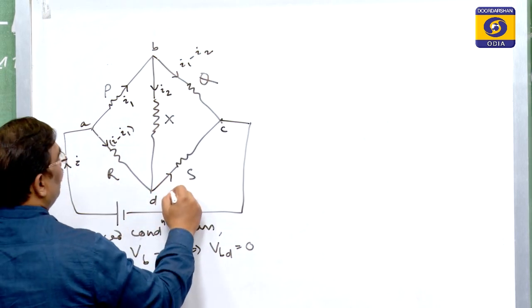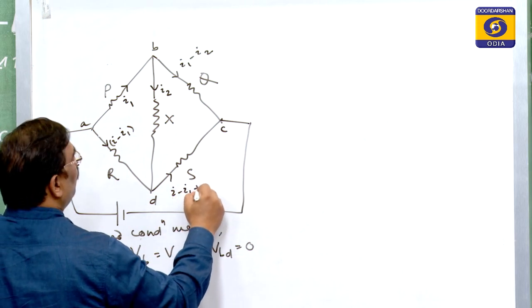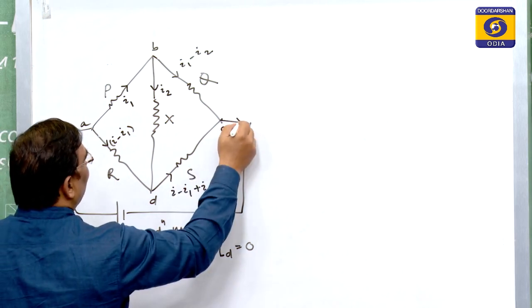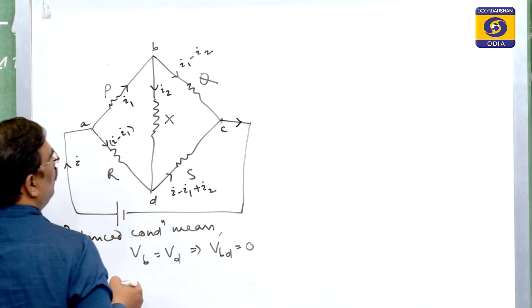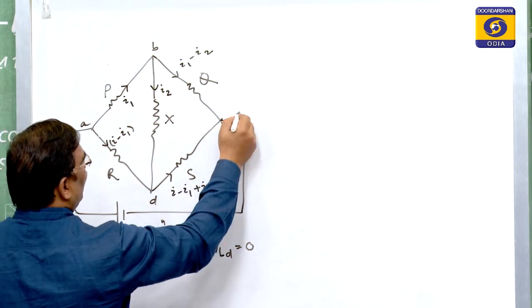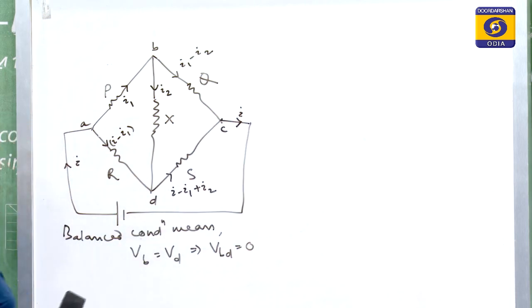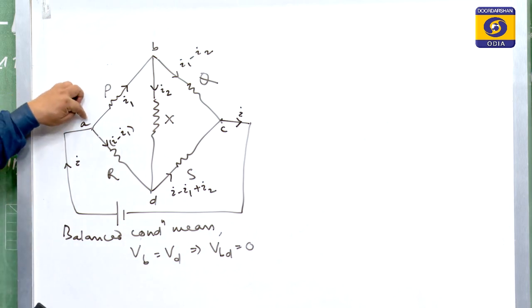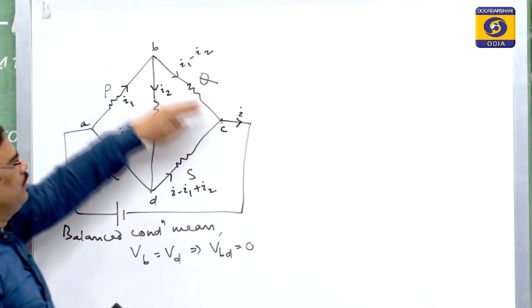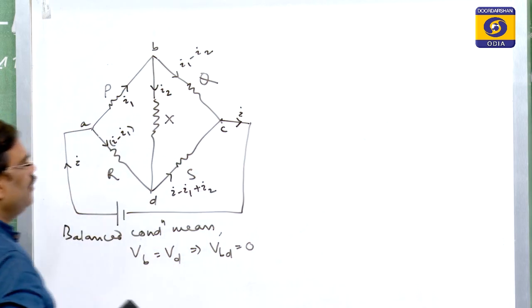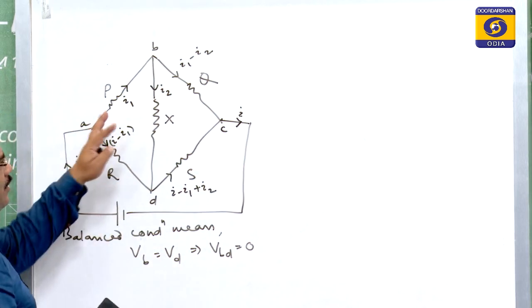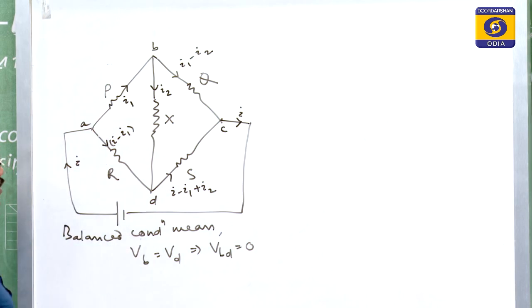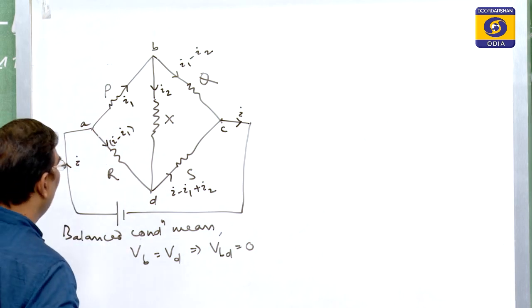So, this will be I minus I1 plus I2, and this is equal to I. So, the amount of current entering the Wheatstone's bridge is equal to the amount of current outgoing from the bridge, which means we have successfully applied Kirchhoff's first law. Okay.